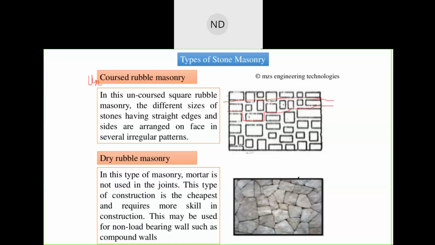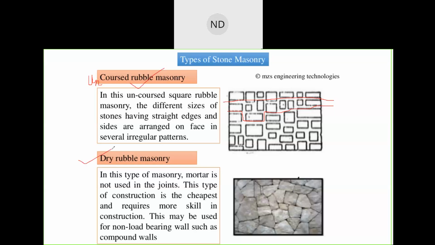So these are called uncoursed. They are not in course, not in sequence. The stones are of different sizes, but this also has square stones with straight edges, arranged in irregular patterns. It doesn't have a straight finish, so this is known as uncoursed rubble masonry.